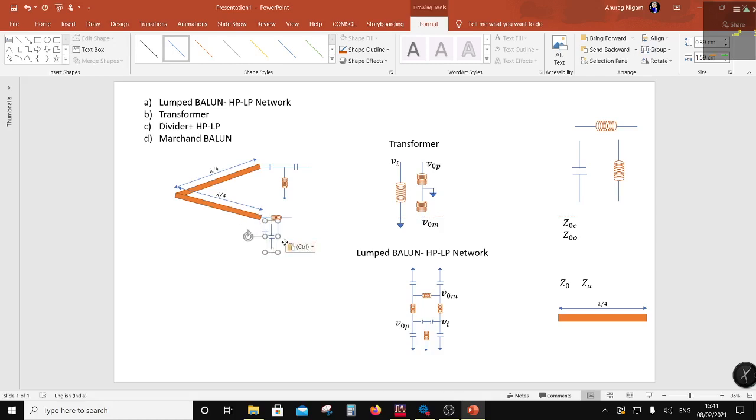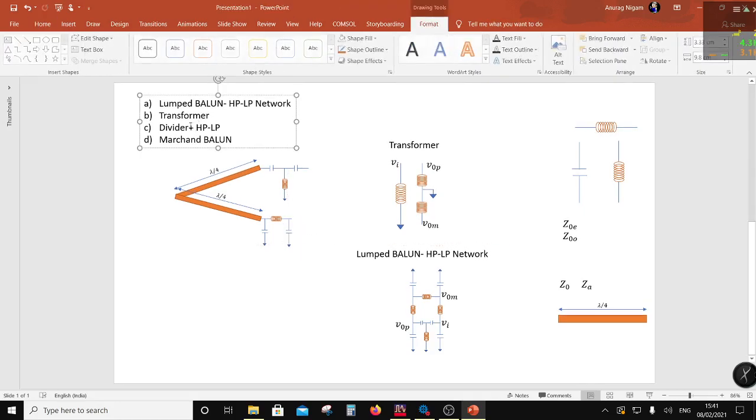So the divider has to be broadband, and then this circuit which is high pass low pass can be designed to be broadband. So this one would be this divider plus high pass low pass network.